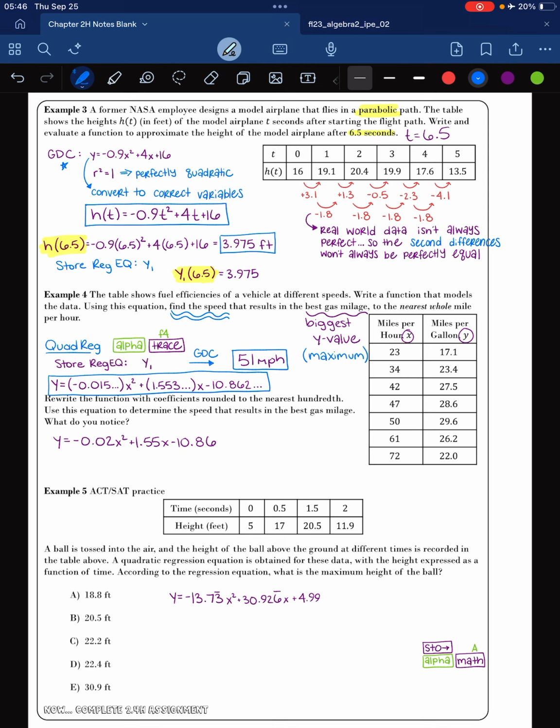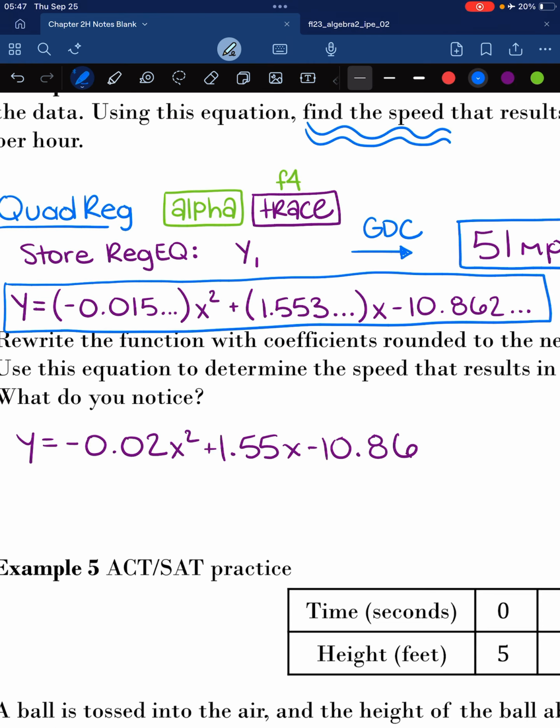Well, the good news is, as long as I understand that the best gas mileage is the biggest y value, and I know that's going to be a maximum, I can use my standard formula to find the x value of the maximum, right?